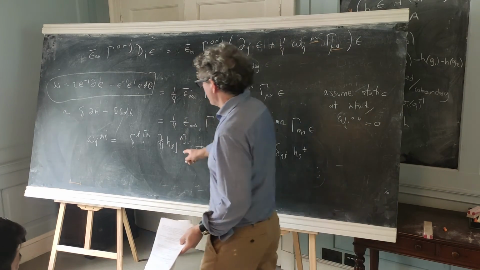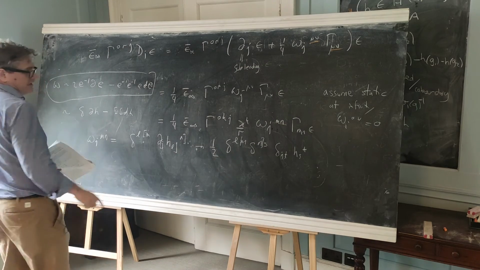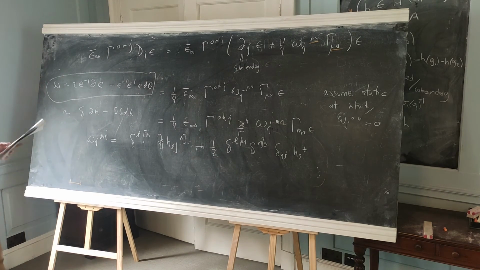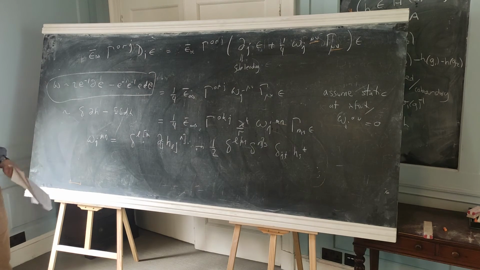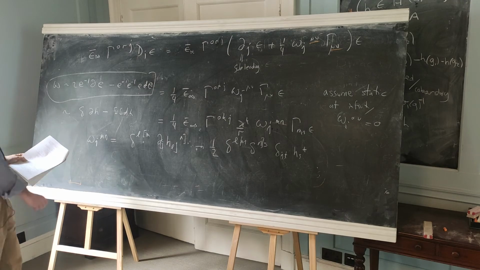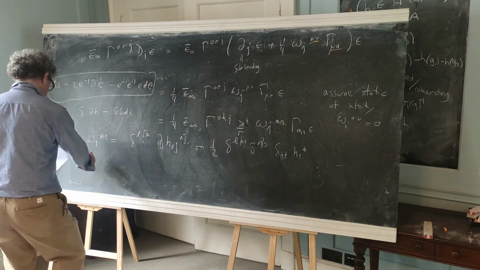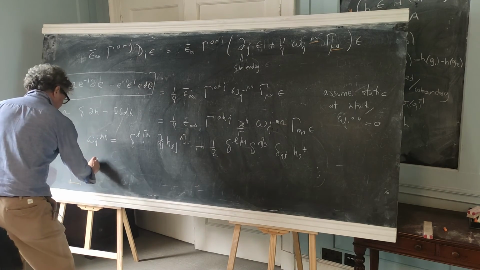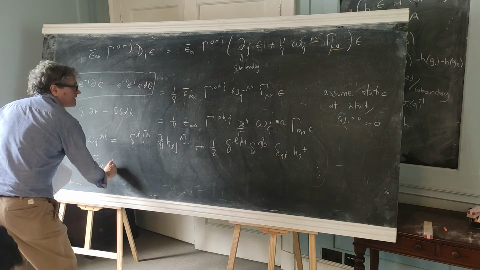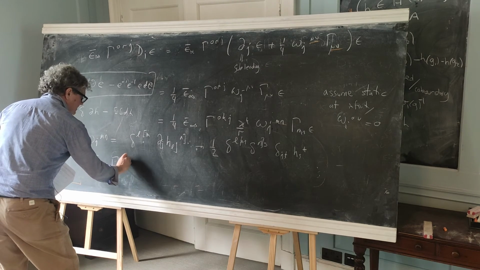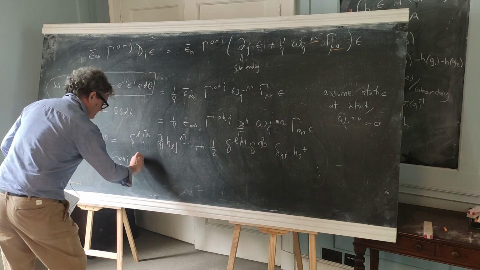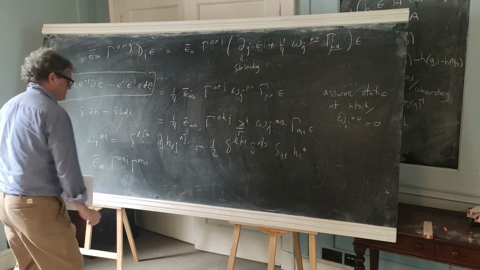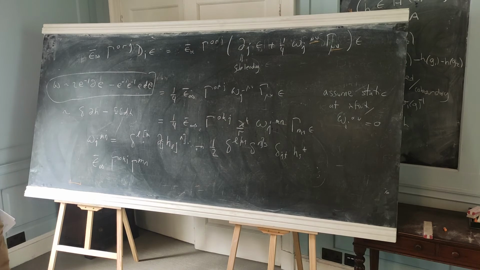Remember, the half shows up because H has got a half in it. So this is some nasty expression. And then, of course, I've got the other thing, which is this epsilon bar at infinity, gamma naught kj gamma mn. I've raised the index, but that's fine.